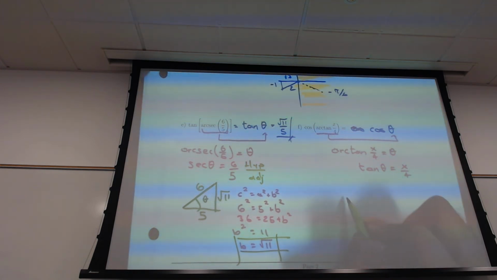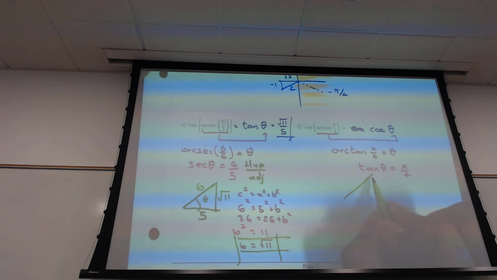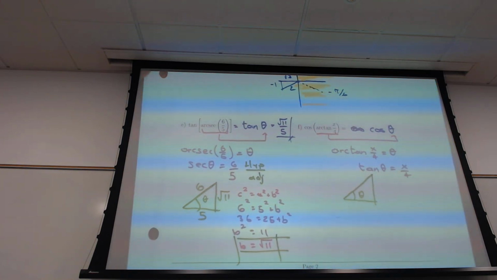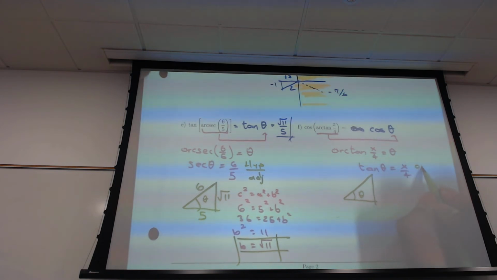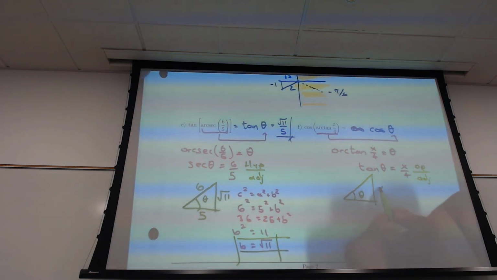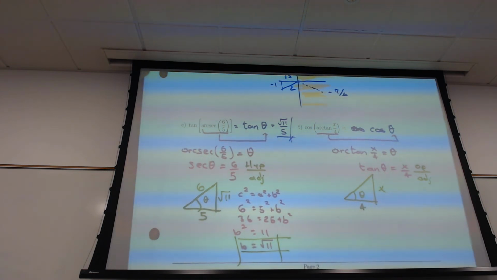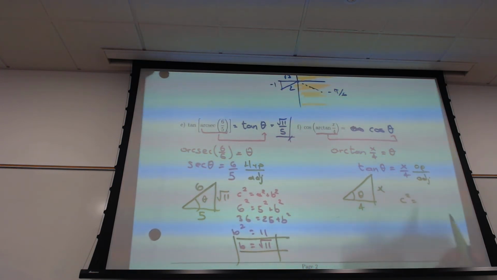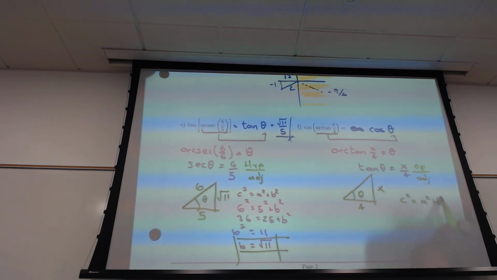So let's go ahead and do that. Again, SOHCAHTOA for tangent, what is it? Opposite over adjacent, where the opposite is the x and the adjacent is the 4. So we need to find the length of the hypotenuse, and we can just use the Pythagorean theorem, c squared equals a squared plus b squared.